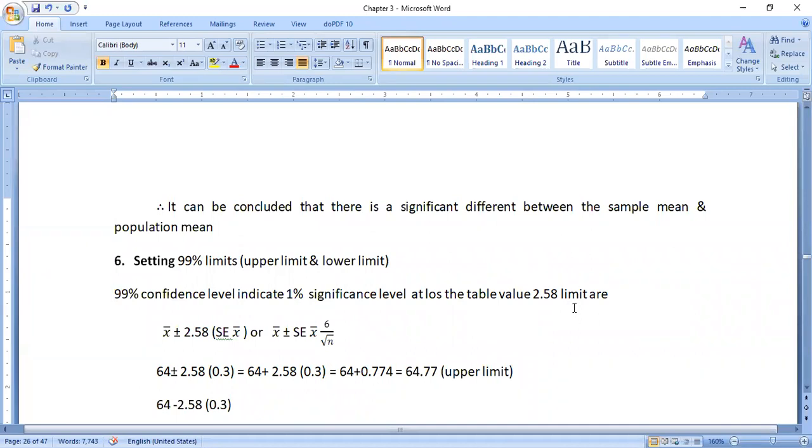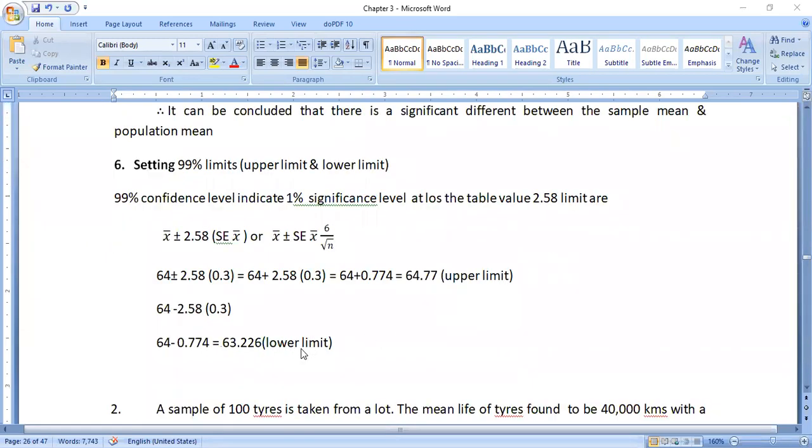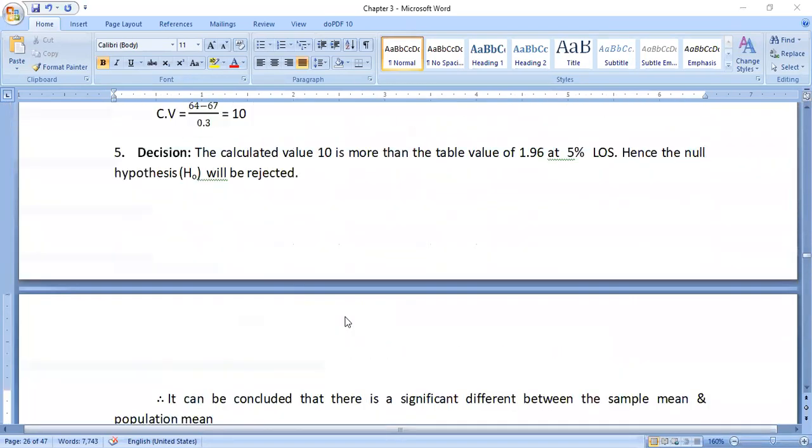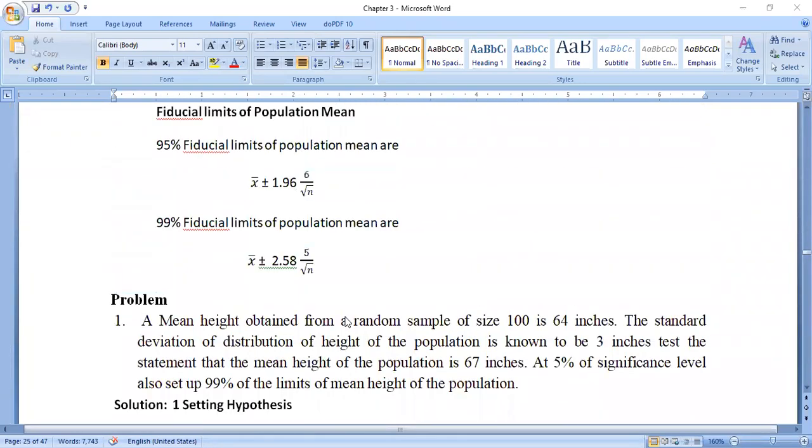Simply, we take the formula: X bar plus or minus 2.58 into standard error of X bar. Then implementing all the values we got, we find the upper limit and the lower limit. This is the first method.